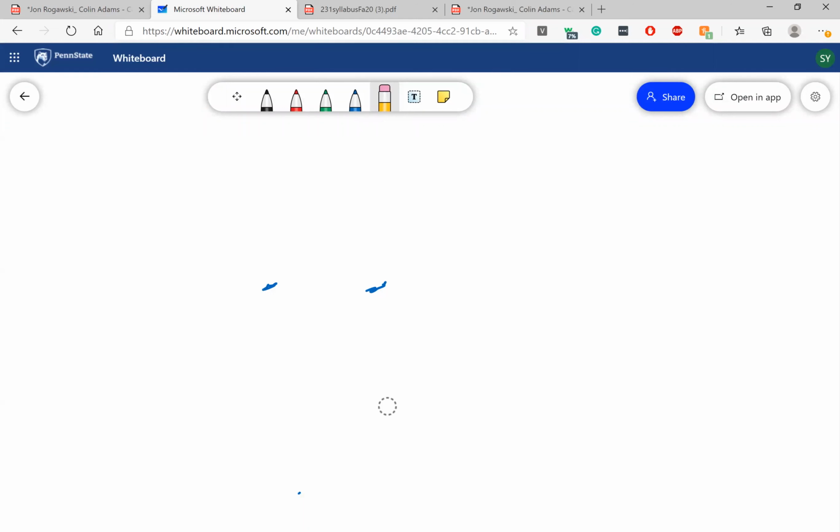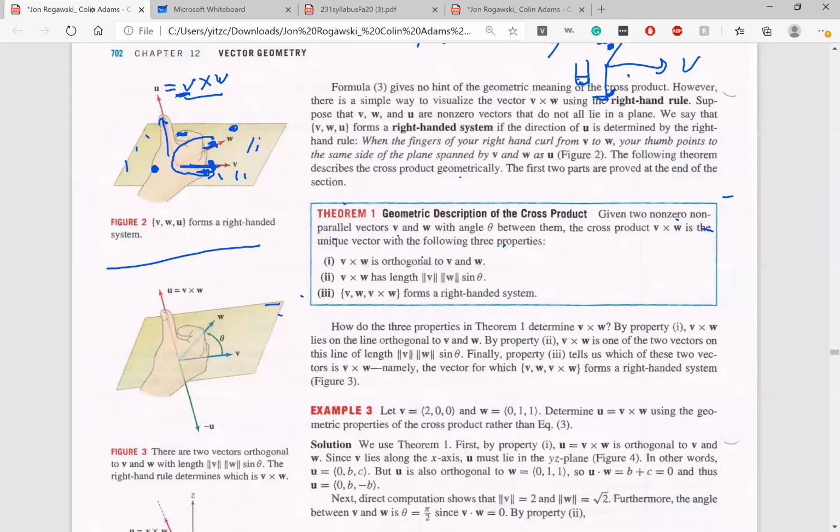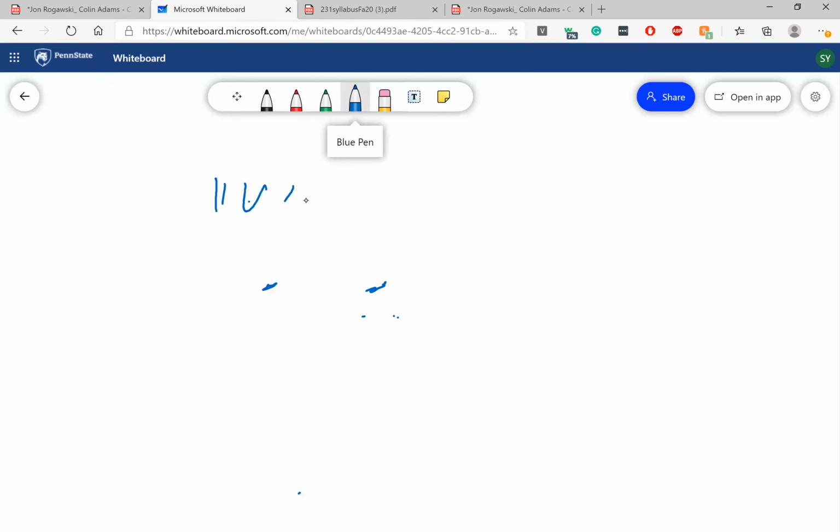Geometrically, it comes up a lot in proofs. The magnitude of V cross W is equal to the magnitude of V times the magnitude of W times sine of theta.